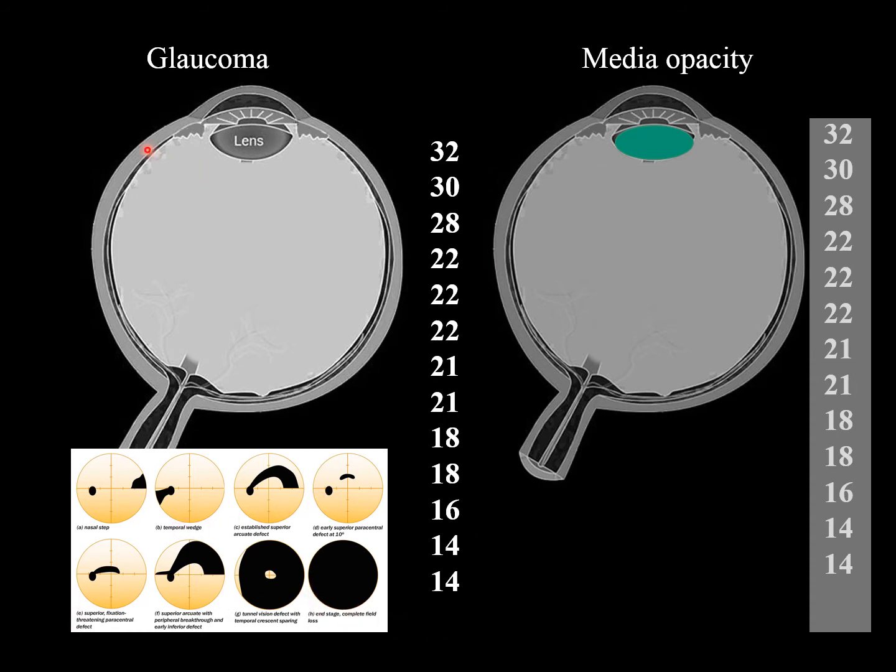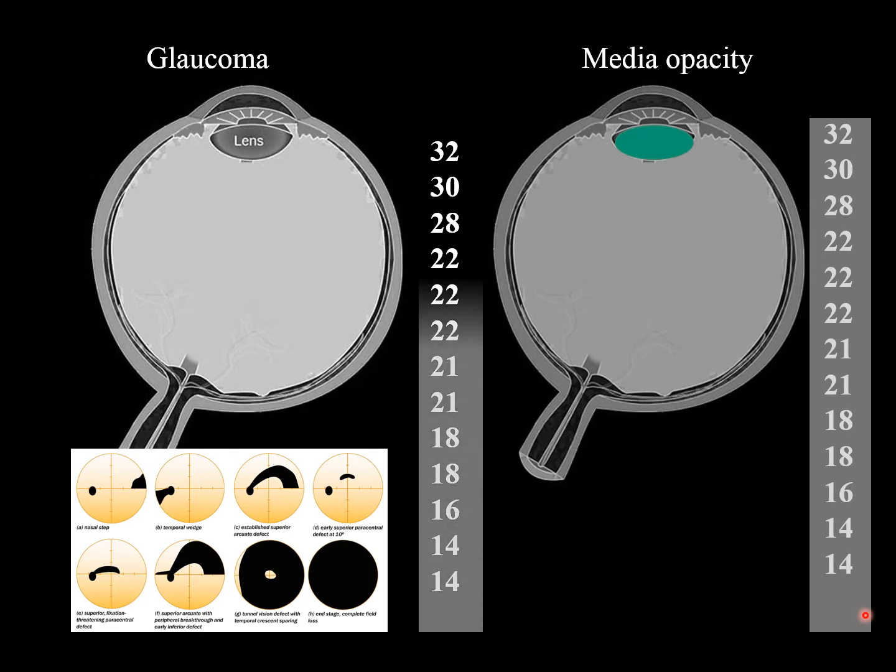So every time we test the patient and get different values and arrange them from the highest to the lowest, always the lowest will be here at the bottom, regardless of its anatomical location. So as the glaucoma increases over time, the damage will be shown here at the bottom, and gradually more and more locations will be included.